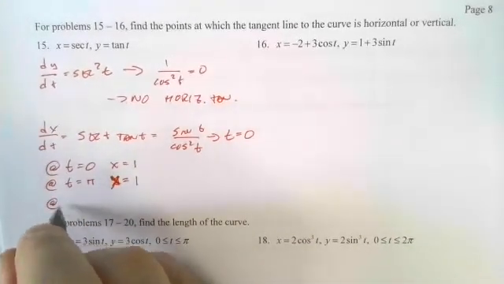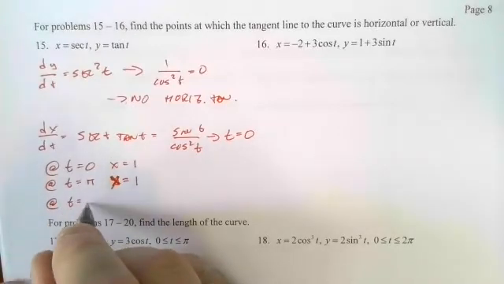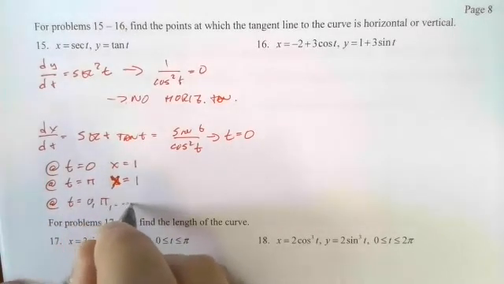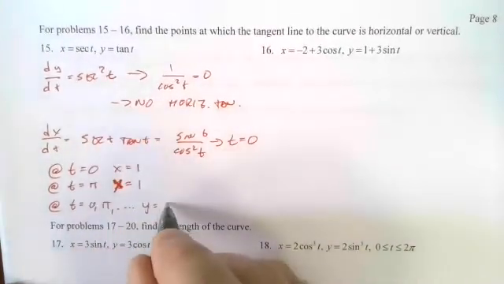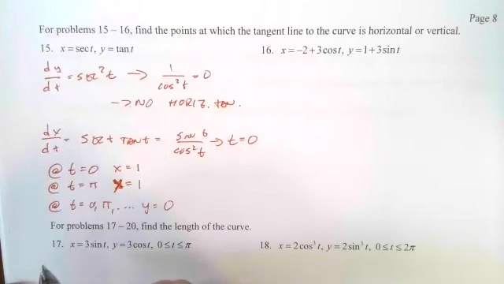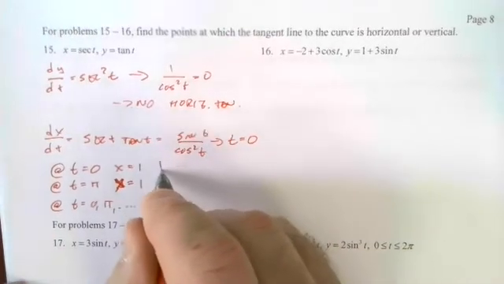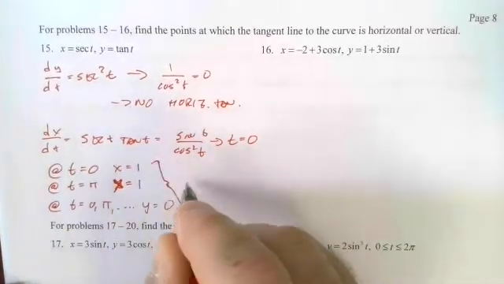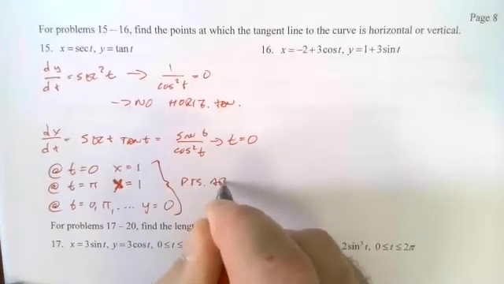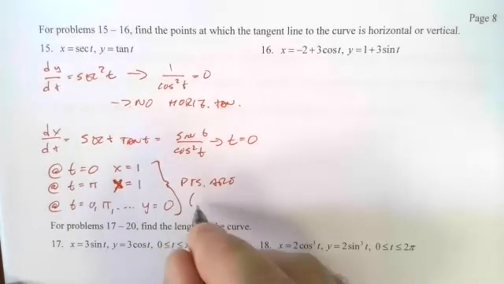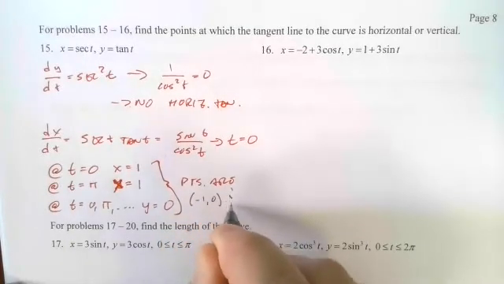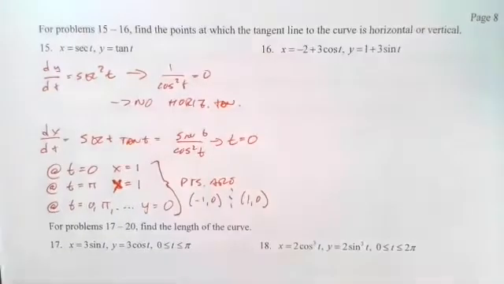So at t equals 0, pi, and so on, y equals 0. So the points are (-1, 0) and (1, 0).